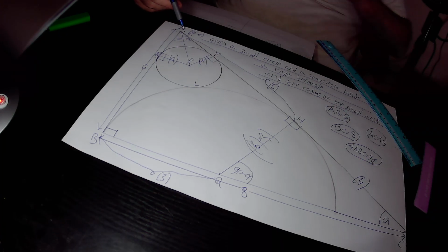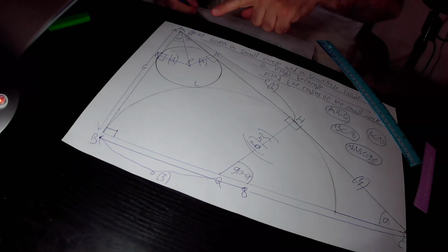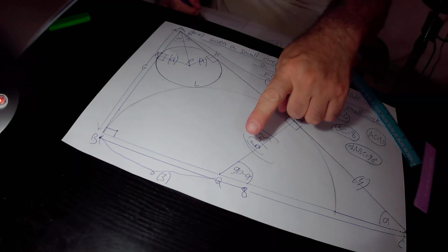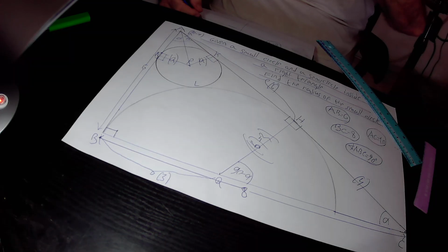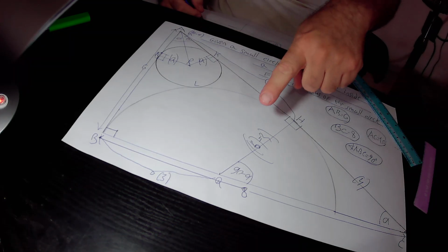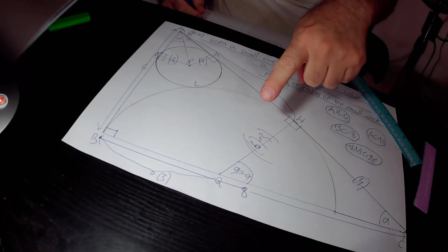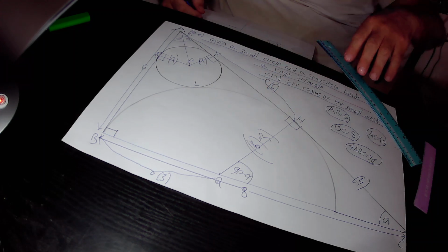According to rule 15, the angle bisector of this angle A must pass through point Q, that is the center of this big semicircle.